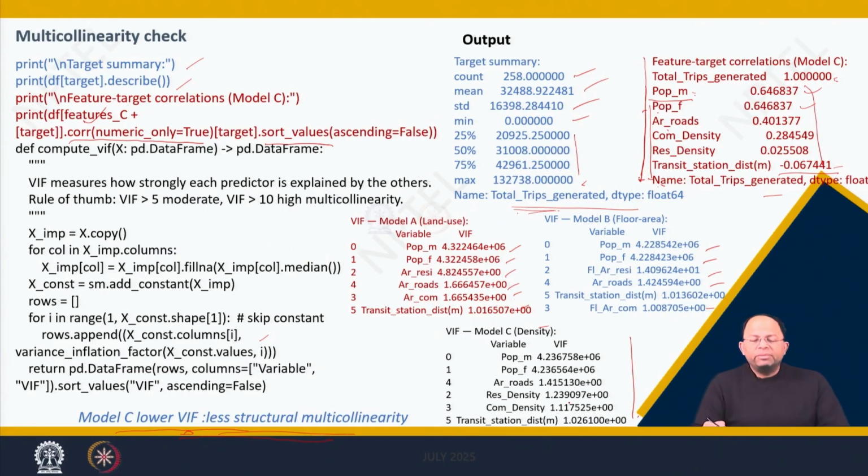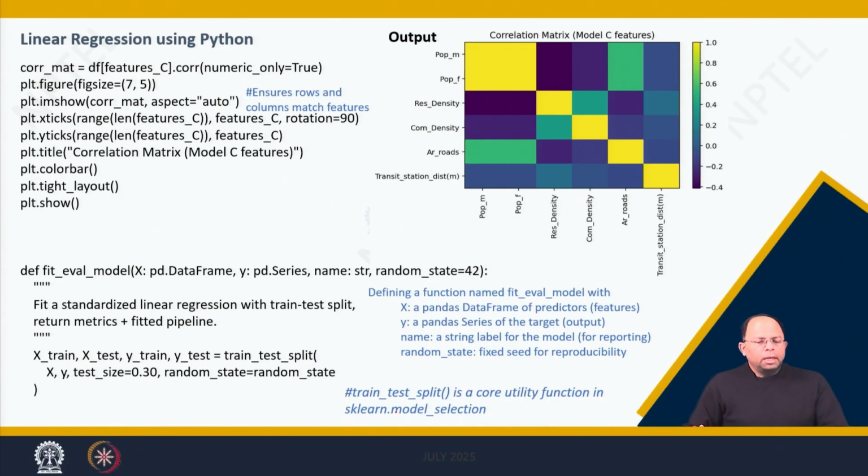From here we can determine which variables to keep or not. Sometimes we can change the selection of variables, and in this case, because we have changed features and built three different models, we can also choose the right model as well. Then this shows us the correlation matrix of model C, because that is the model we are choosing.